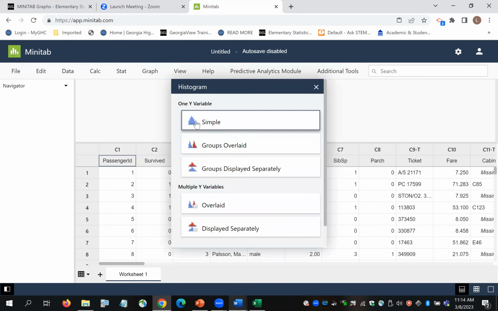Now, guys, we're going to keep it as simple as possible. We're only choosing one value. So we have one Y variable, and we want it simple. We're not getting fancy. You have to double click here.